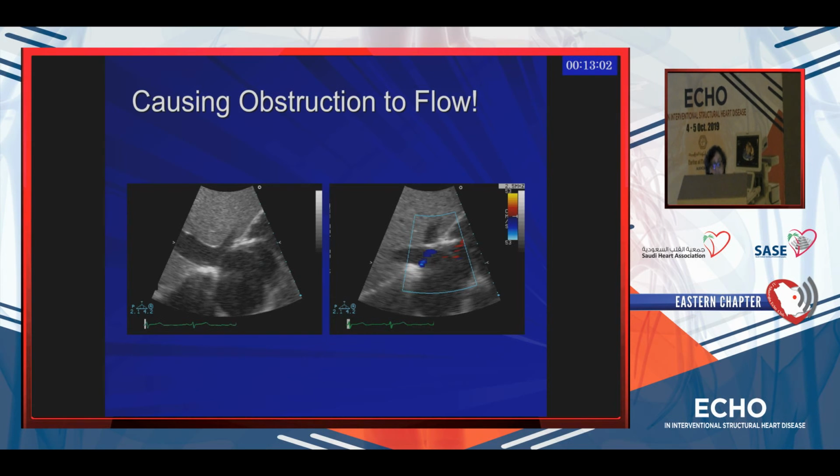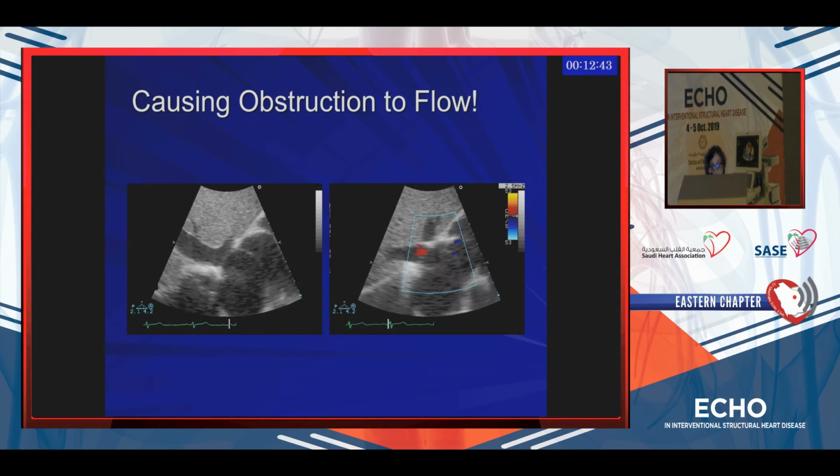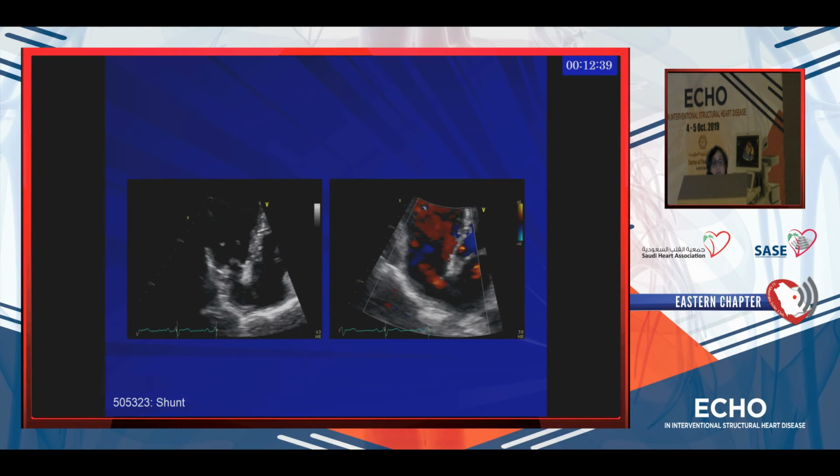When you look at it, it was even causing obstruction into the right atrium. And if you look at the color, you can see how the aneurysm, so this is all left atrial part, but the aneurysm is interfering with the flow into the right atrium. So it's fun. You can see it when it is not congenital.